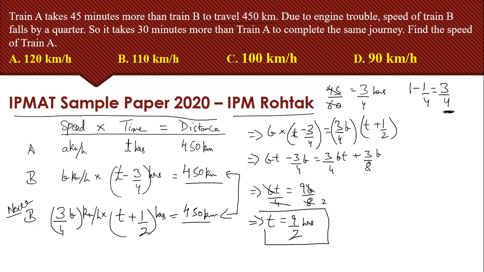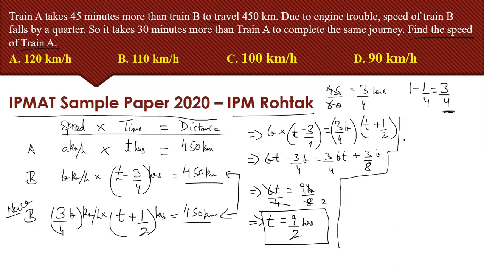Now, once I have got the time, I can easily find the value of A and B both. But what we are asked to find is the speed of train A. So we know that 450 equals A into T, speed into time is distance.